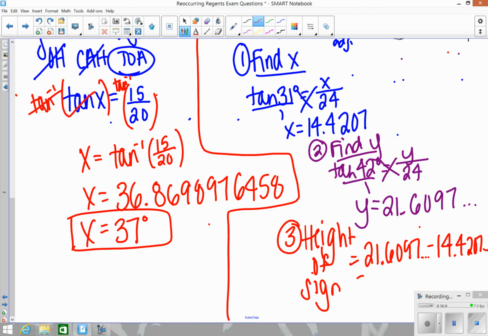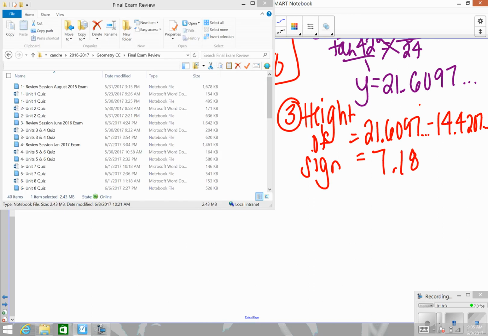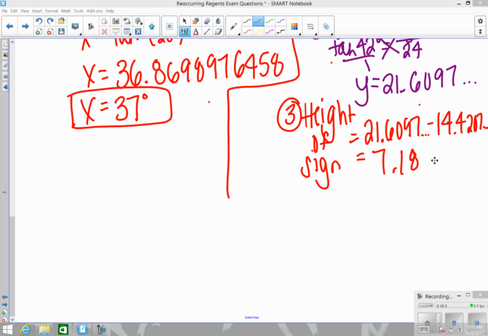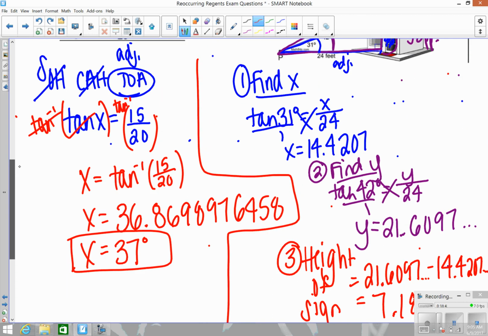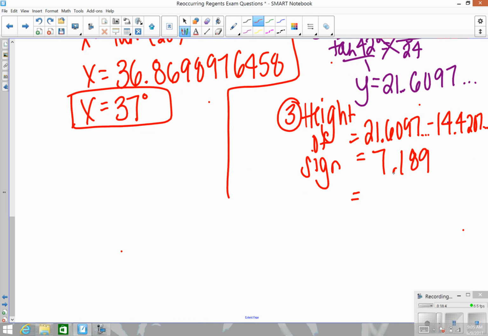So I'm arrowing up in the calculator, taking those exact answers, and I'm getting 7.189. So the question, if we go back up top here, says round to the nearest tenth. So that means one decimal place. So it would round up to 7.2. So 7.2, the units on this were feet. So there's your answer.